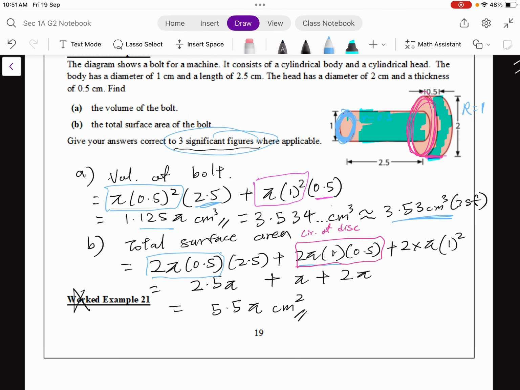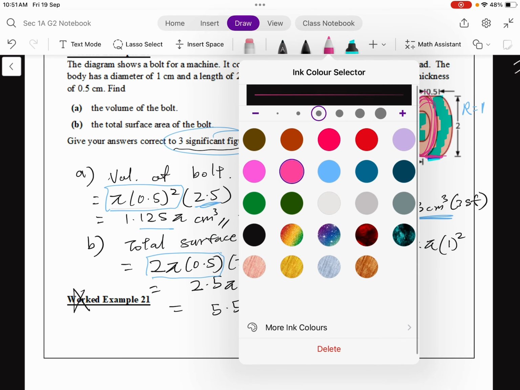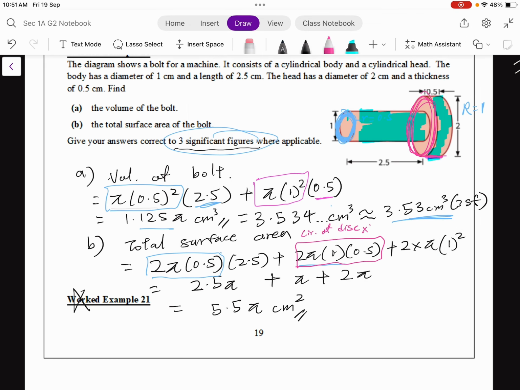This is the circumference of the disc times height. Then this is the circumference of the bar times your height here.